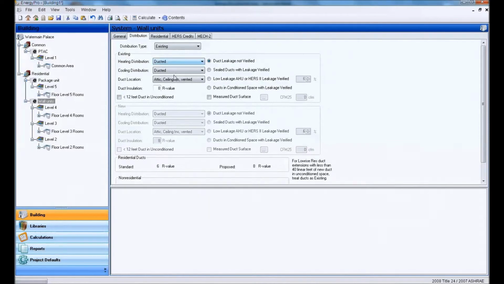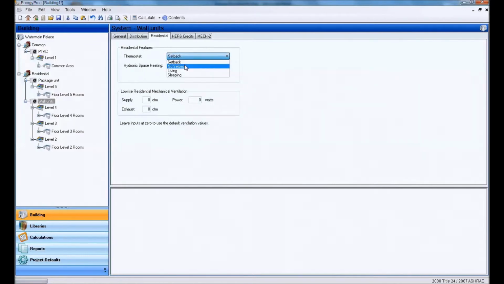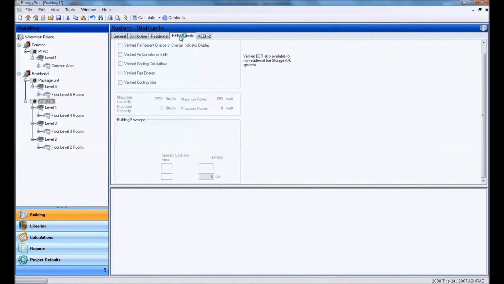Going into our distribution tab, I'm going to say that the heating distribution is ductless with no fan, since it's a wall heater. I don't have any cooling, so I can say this is ductless. And all the other icons will gray out. I don't have a programmable thermostat, and I don't have any mechanical ventilation for these units. No blower door testing as well.